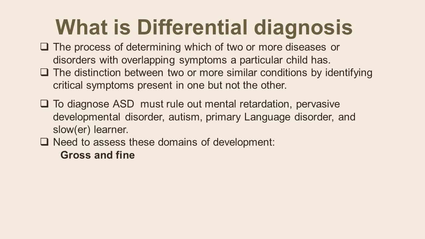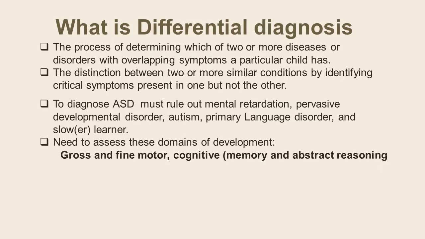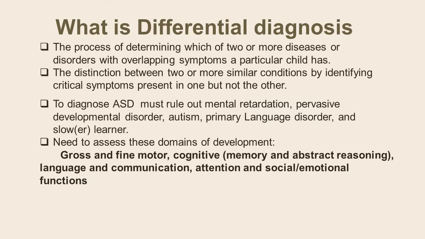So, you need to assess gross and fine motor, cognitive, that is memory and abstract reasoning, language and communication, attention span, and social and emotional functionalities. This is very important. These domains you need to assess to find out exactly what the characteristics of autism are. Whether you can say yes, that child has autism, or no, the child doesn't have autism.